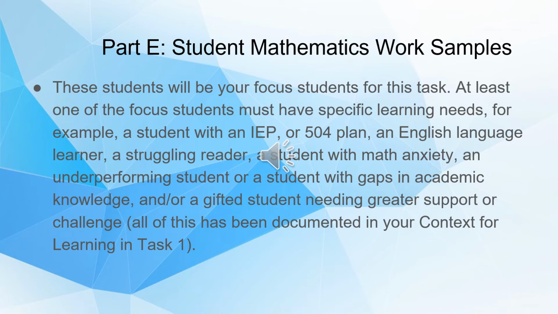This can be from a large number of categories. It does not have to be a student with an IEP or 504. It does not have to be a struggling student. Every class has students with specific learning needs. This could also include an SEL, a social emotional component that they're struggling with, such as math anxiety or reading anxiety, right? Or just a struggling reader in general. So you want to think about what student needs there are.